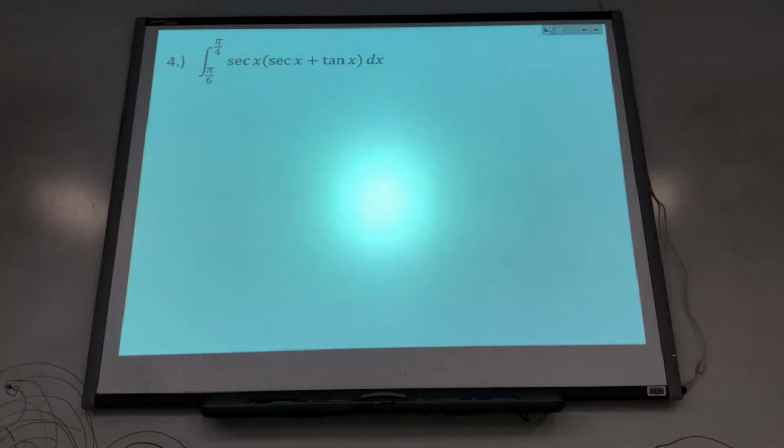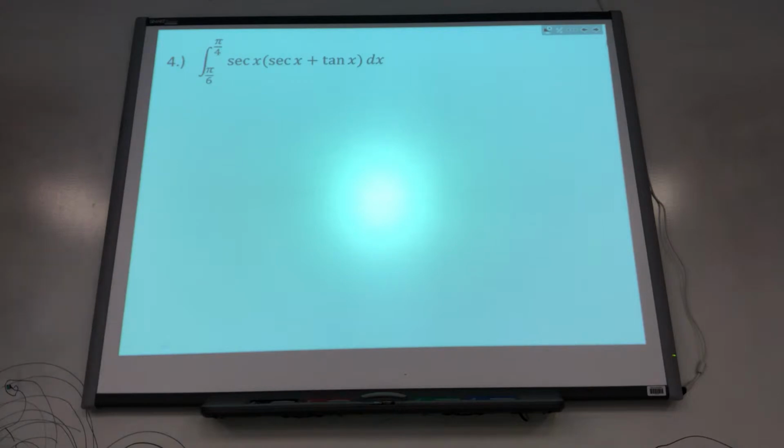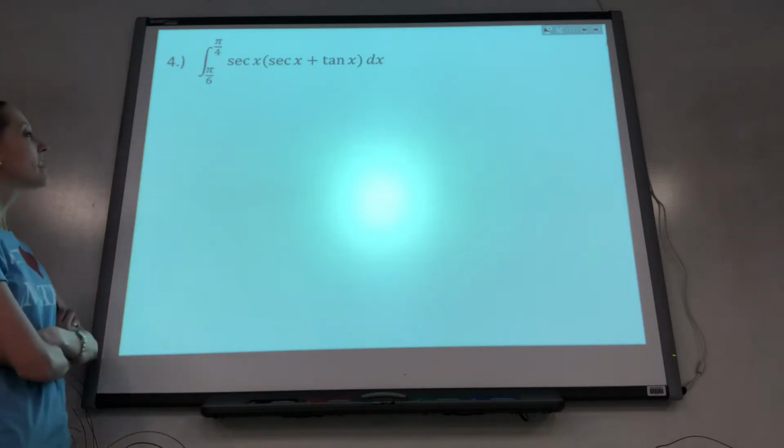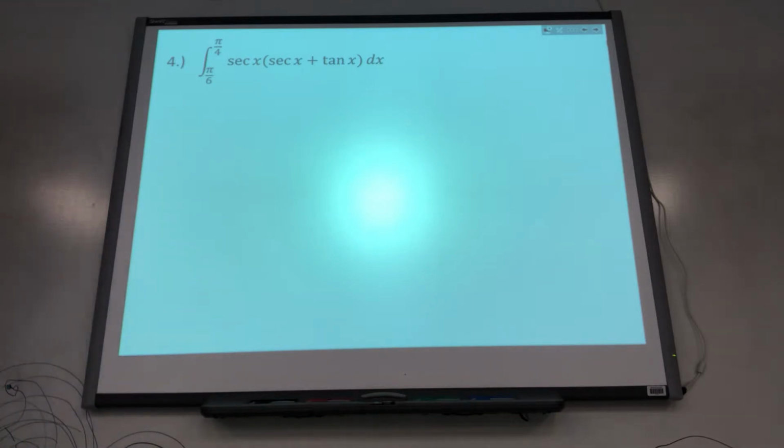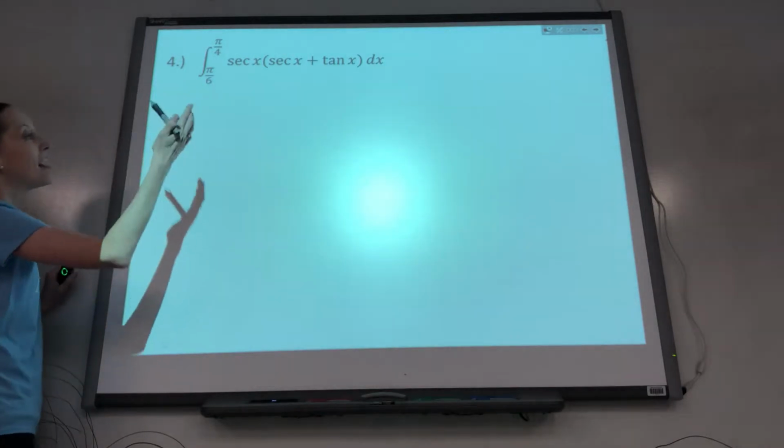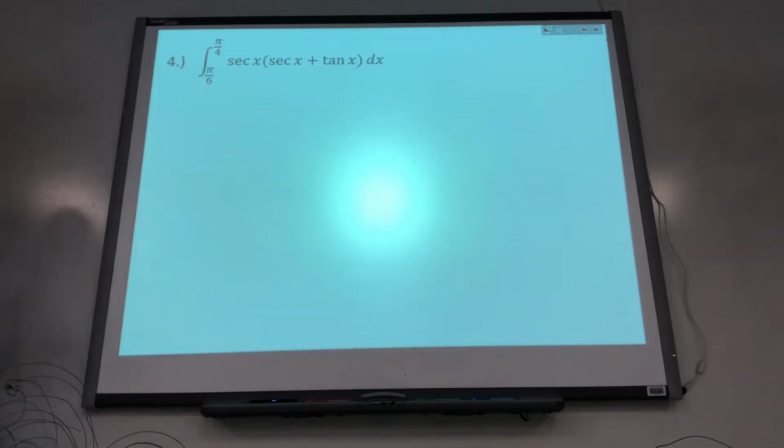And now it is secant of x times secant of x plus tangent of x dx. All right. Now, we've actually run into this a time or two before. There is going to be some rewriting to do in this problem. Anybody know what to do first?